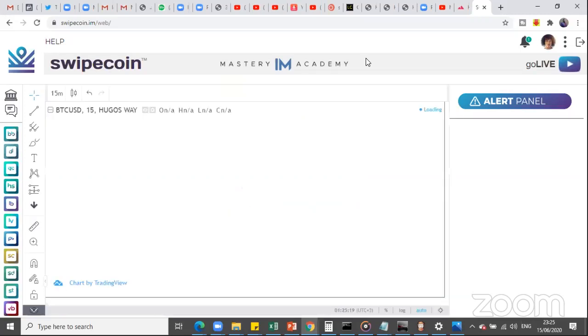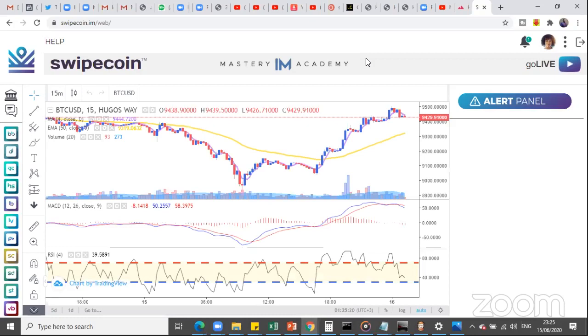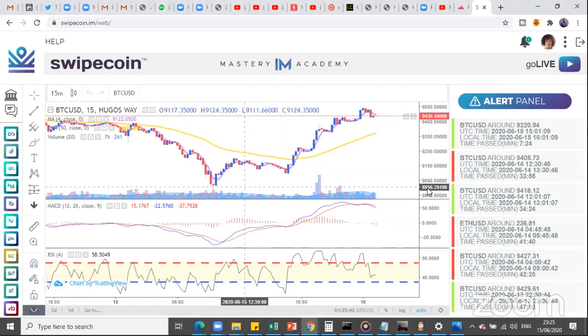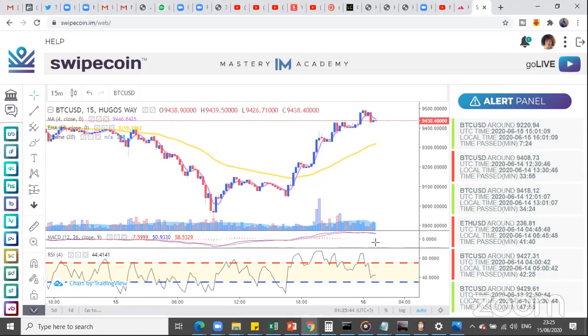So if you're on early pack, you can do some amazing stuff here. So swipe coin scalper, this is it.